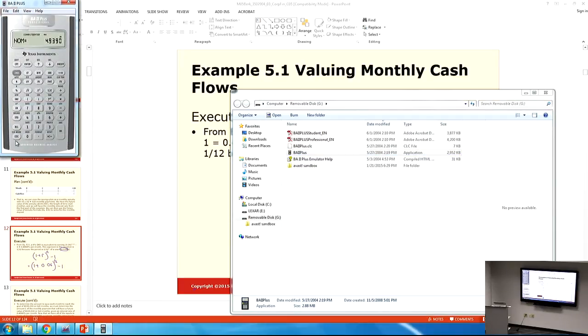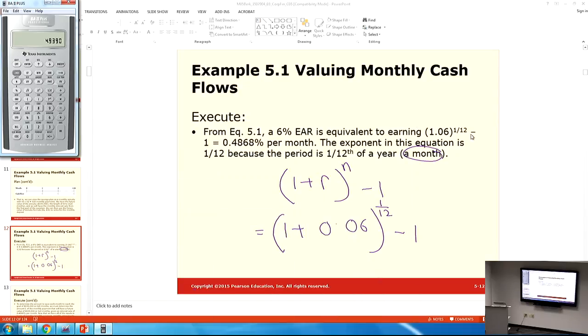It'll be 1.06 raised to the power 1 over 12. So it'll be 1.06, y to the power x, 1 divided by 12.